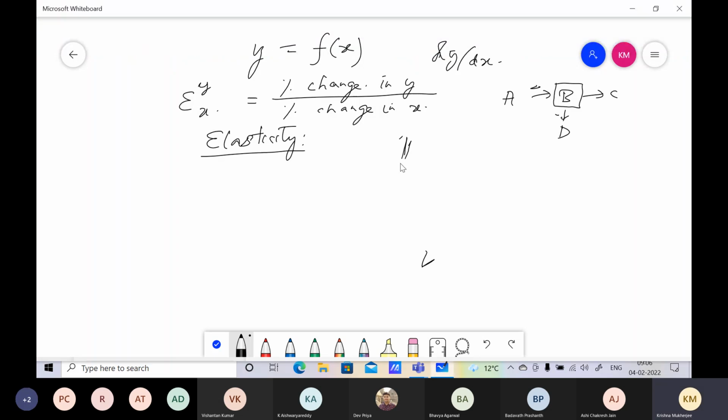Can you hear me? The price of a good is a function of, say, two variables, u into v. One is the amount of raw materials, and the other is the cost per unit of raw material.